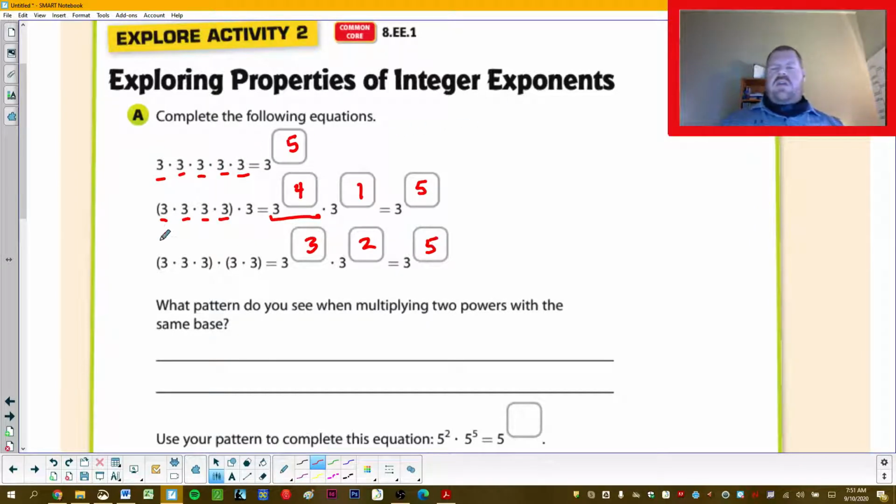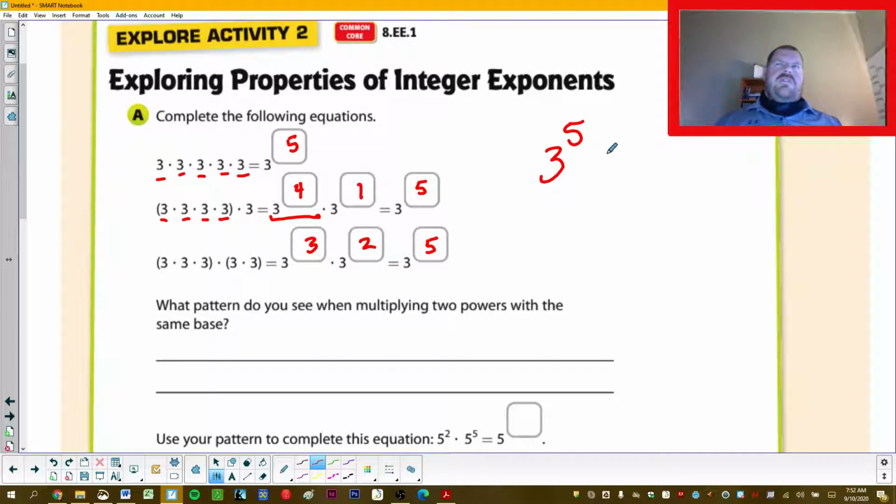Let's go ahead and look at, so what pattern do we see when we multiply two numbers with the same base? So this kind of brings us into some vocabulary stuff where we're dealing with exponents and we need some names. The number that's on the bottom in an exponent expression, like here, our big one was 3 to the 5th.